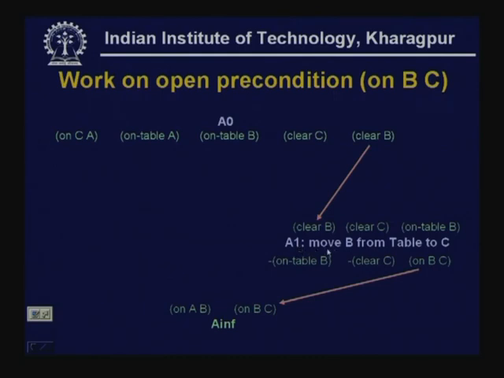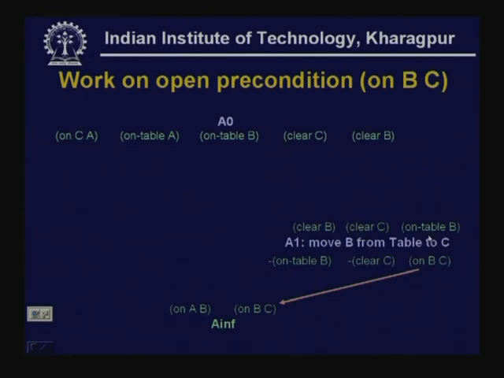Then, before we proceed, let us see what are the open conditions, what are the flaws in this partial plan. There are several open preconditions. On AB is open. Clear B is achieved in the initial state, but here it is open. Clear C is achieved in the initial state, but here it is open.